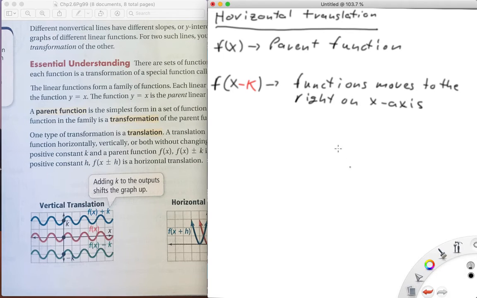And then we have f of x plus k, and that's a function that moves to the left along the x-axis.